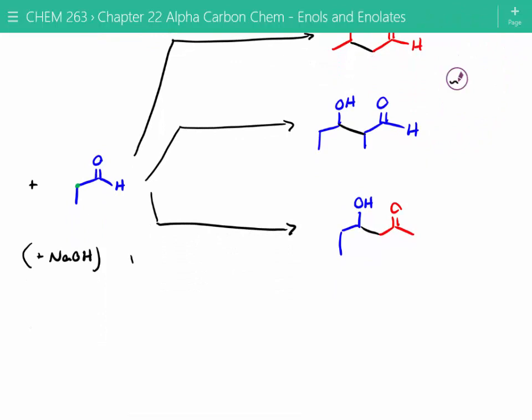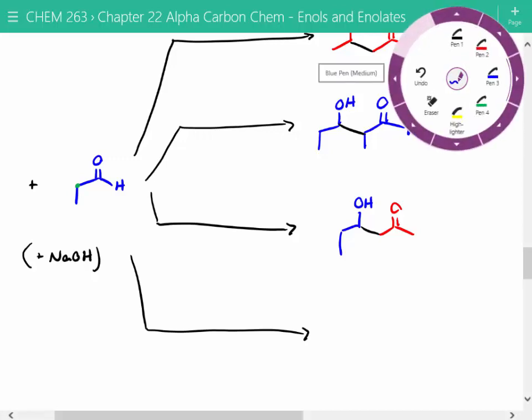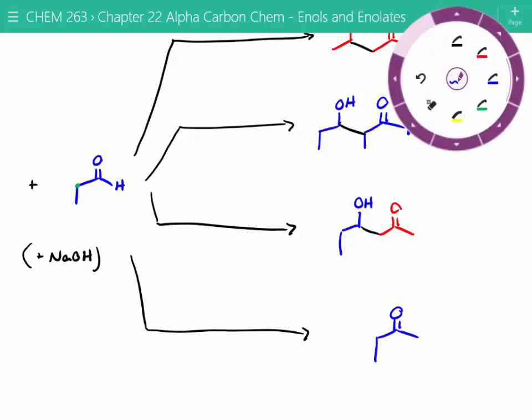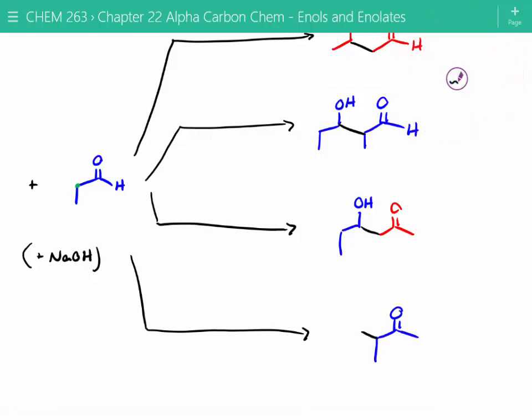Or we could have one where the blue aldehyde acts as the enolate. And if we were to do this, then we would get a different product.